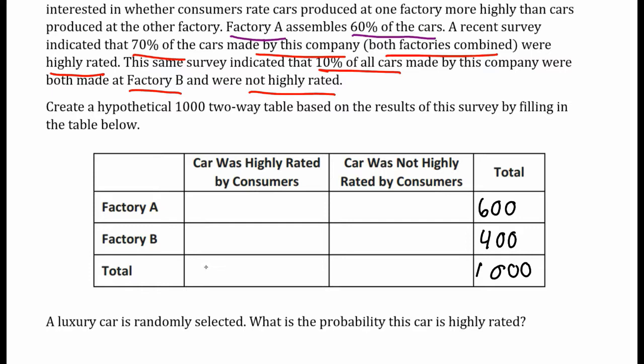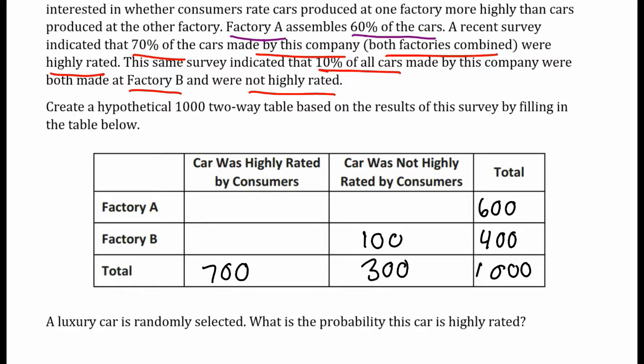So 700 were highly rated, which clearly means 300 were not. 10% of cars that were made at Factory B were not highly rated. So Factory B not highly rated is 10%, which is 100.